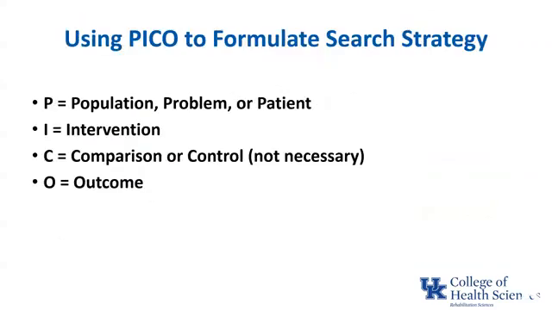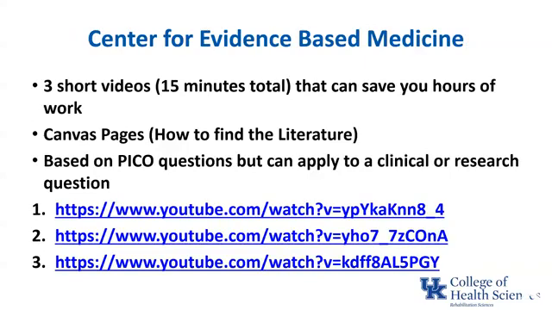You're familiar with the PICO to formulate search strategies or to ask questions. And these videos that I've provided on the pages in Canvas are really short, takes you a total of like 15 minutes, and give you a good example of how to do a research question.